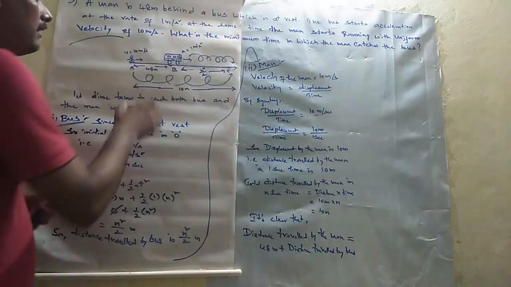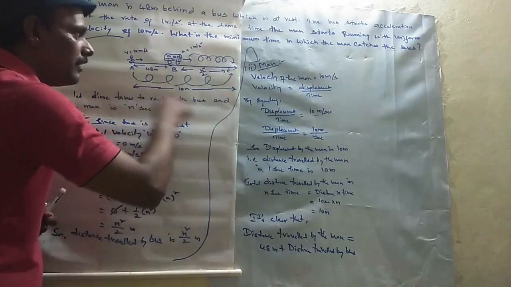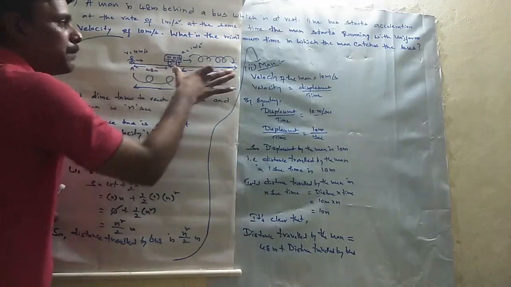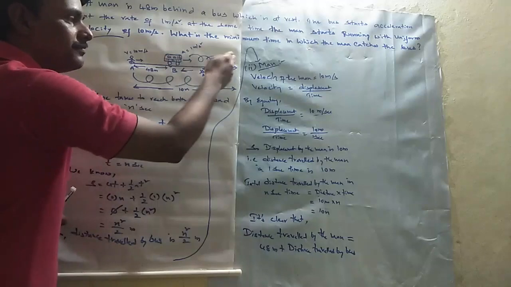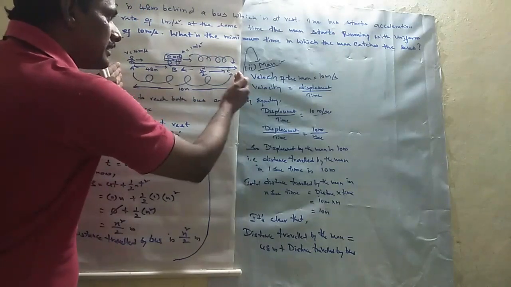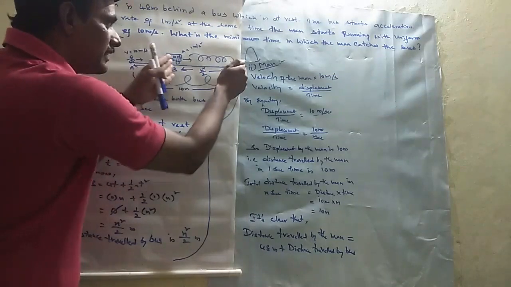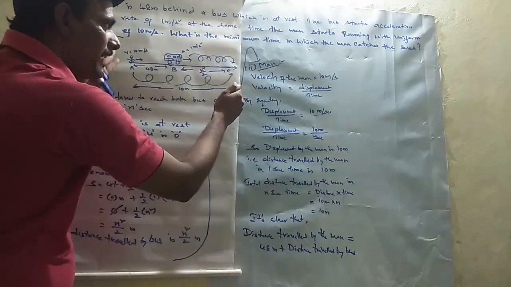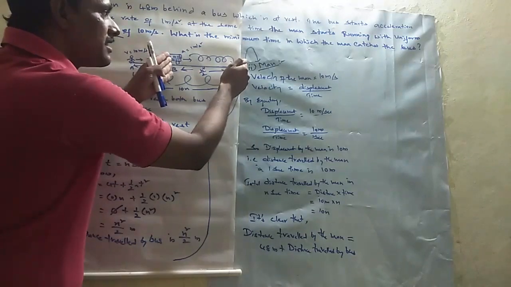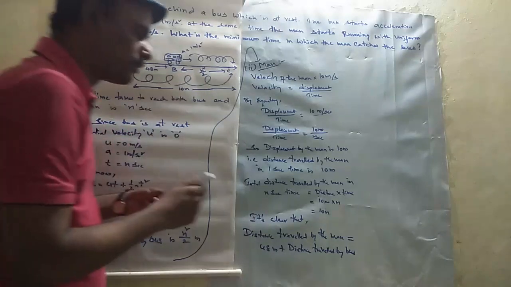Observe clearly. The distance traveled by the man is nothing but the 48 meters distance plus the distance traveled by the bus. This total equals this plus this. That's nothing but 10n equal to 48 plus n square by 2.